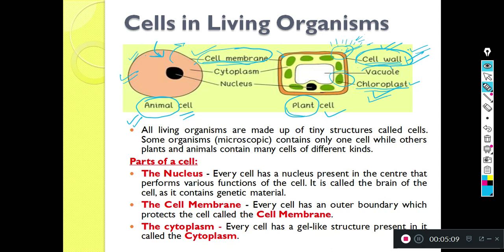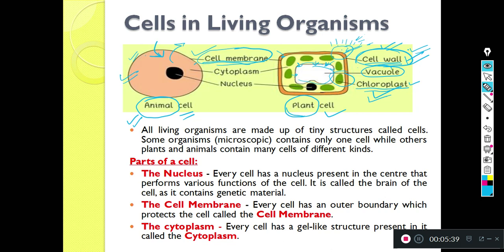And there is one vacuole you can see, a big vacuole. The vacuole also gives shape to the plant, and it can release some pressure from outside, because plant cells are not moving, so they have to have some cushion kind of thing in case any harm or damage occurs to the plant from outside.